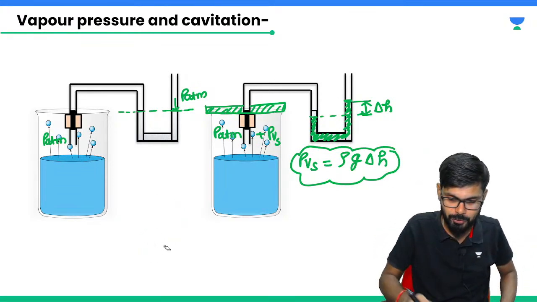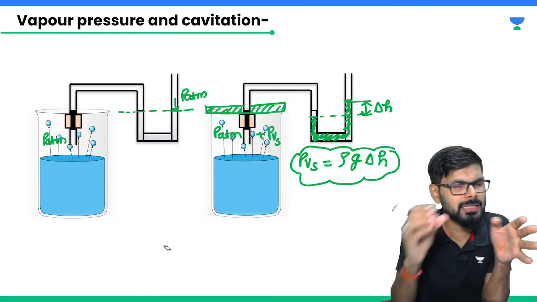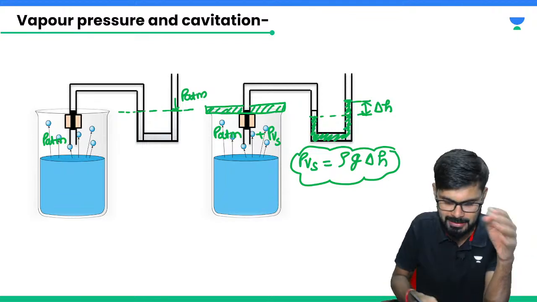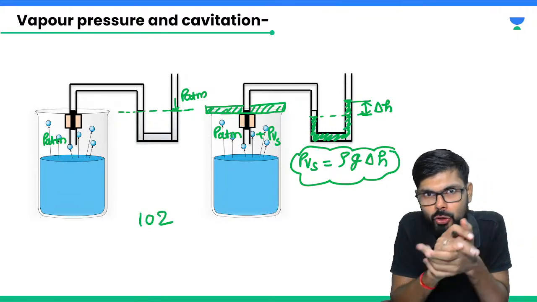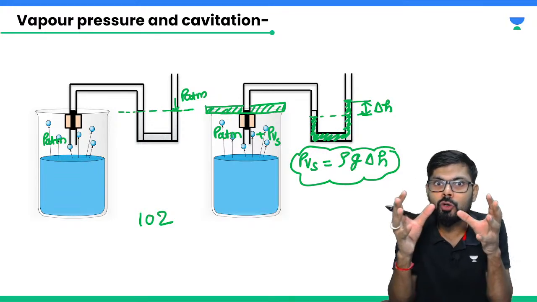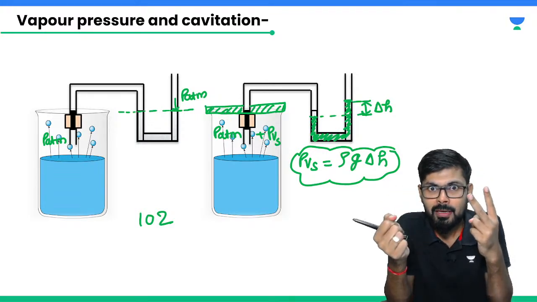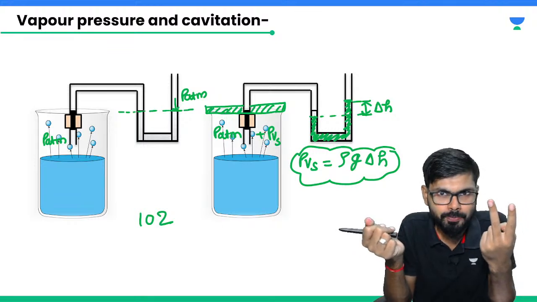Please listen here carefully. Suppose one container is closed, and the inside pressure is, let's say, 102 kilopascal. Now this 102 has two contributions, by Dalton's partial pressure law, you know, right?